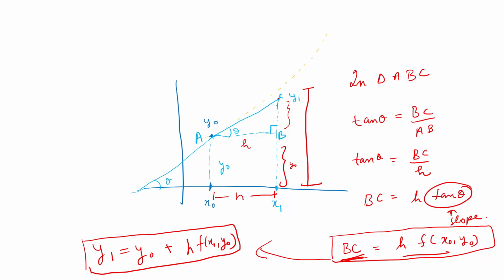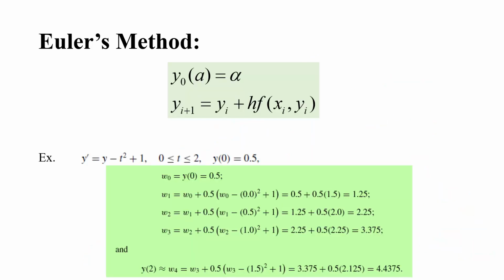So the general formula for the Euler's method is this. This is your initial condition, that at t or x equal to a, you are getting y equal to alpha. And this is the iteration formula, like to find y1, you will use this, which you have already seen from the graphical representation.